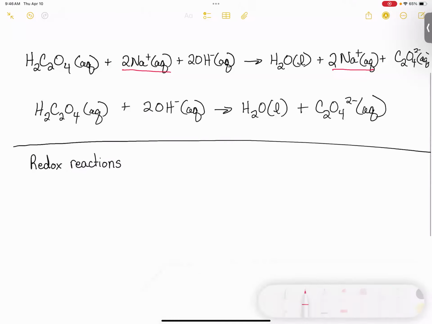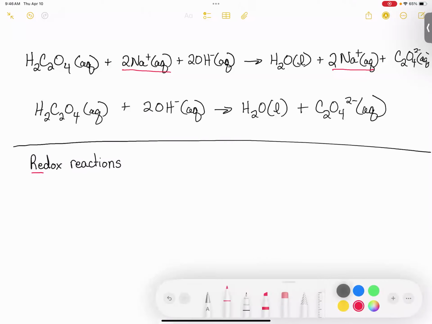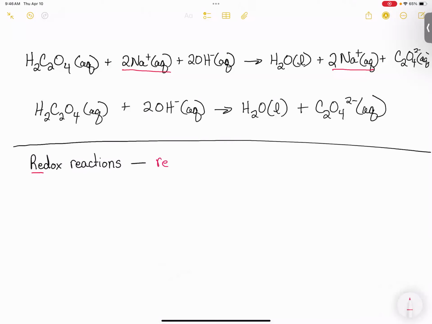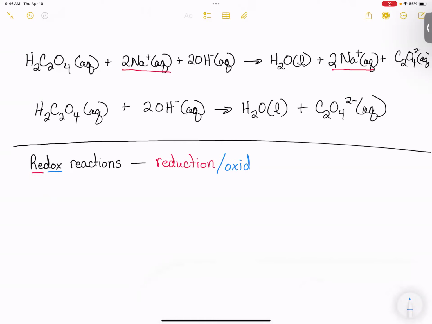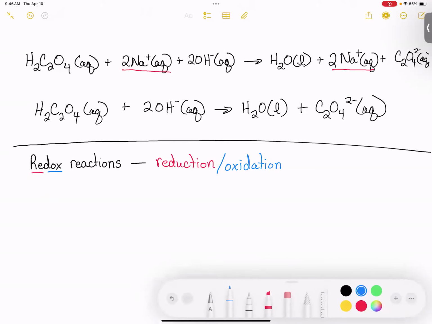Redox stands for reduction, oxidation, reactions.